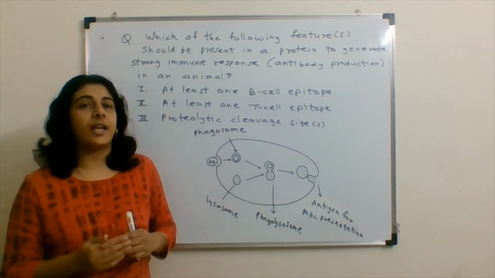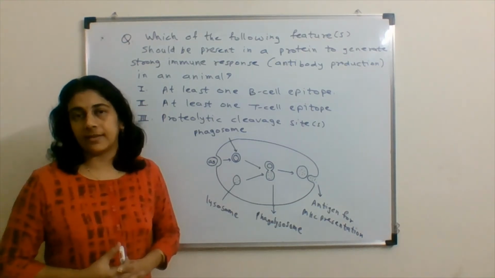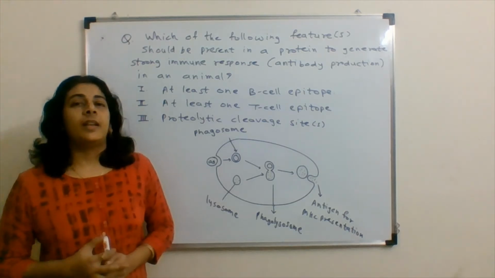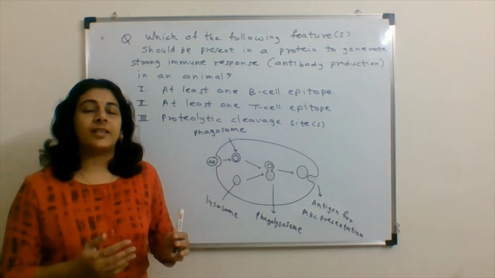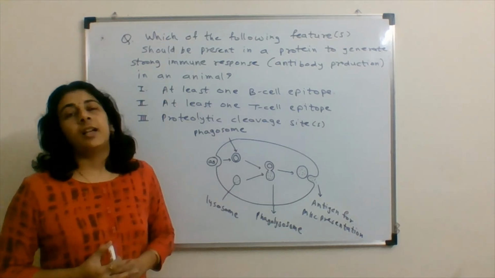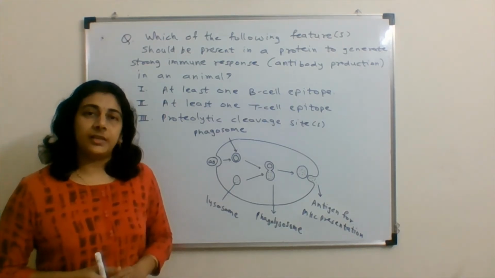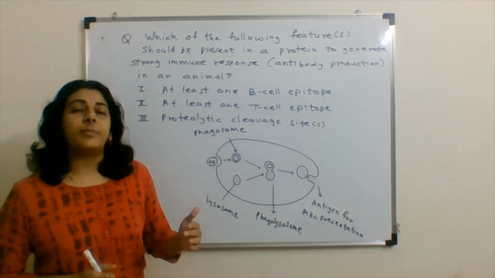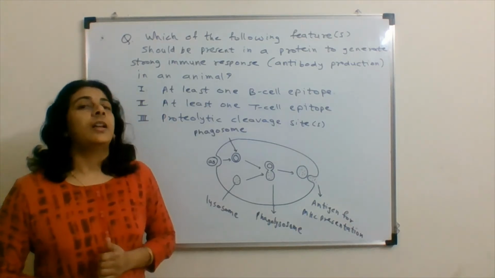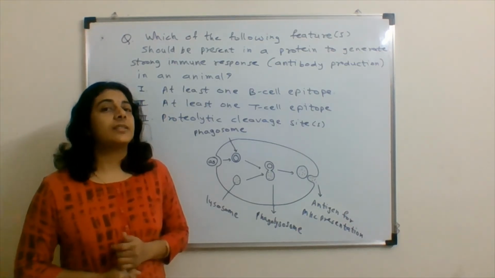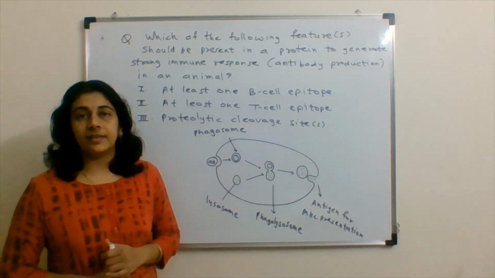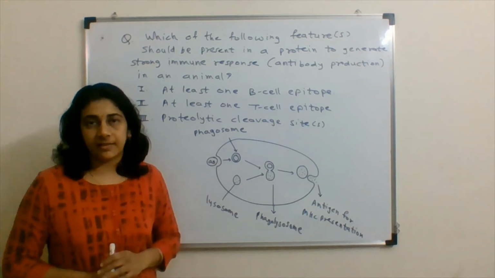The antigen has to be presented to T cells. Like B cell can recognize antigen directly, but that is not the case with T cell. T cell needs the presentation of the antigen. And who does this presentation? This is done by APCs, that is antigen presenting cells.